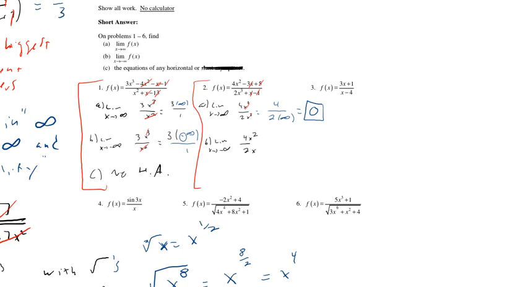And you can do all of this in your head, by the way. If you look at it and you see, oh, immediately I notice, right? You don't need to go through all these steps. I'm just showing you all this work. You don't need to show me all this work. If you see this and you see, oh, I have a squared here, a cubed here, bottom is bigger, bam, I know the answer is 0. Just get there. That's fine.